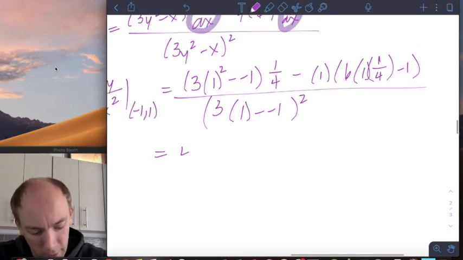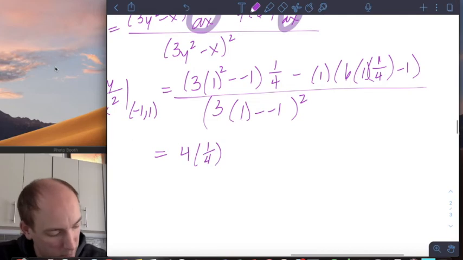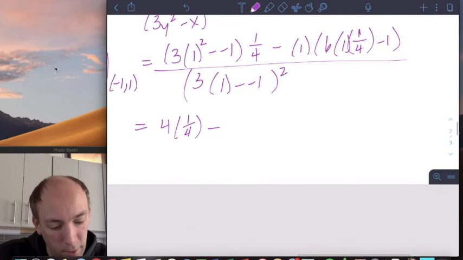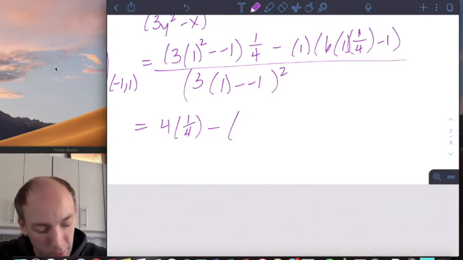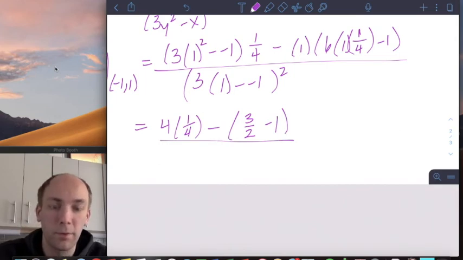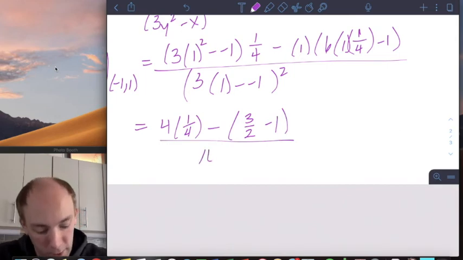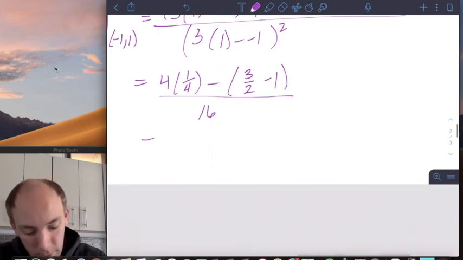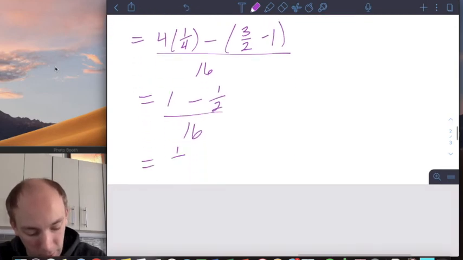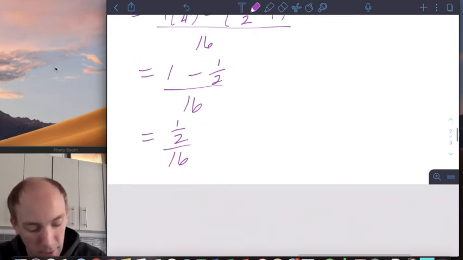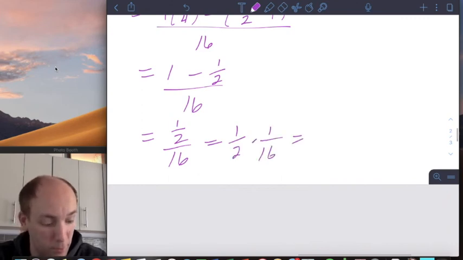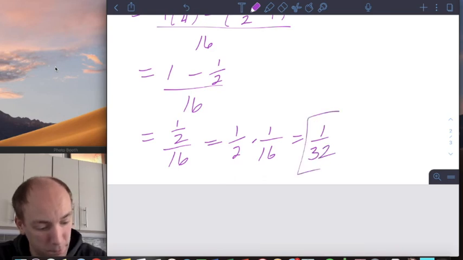So 4 times 1/4 minus 6 times 1/4, which is 3/2, minus 1, all over 4 squared, which would be 16. So 1 minus 1/2 over 16 equals 1/2 over 16. Flip the second and multiply, so 1/2 times 1/16 would be 1/32. Okay, final answer.